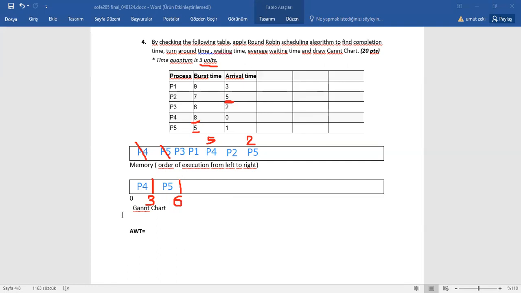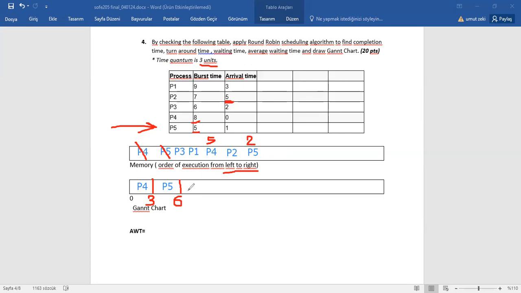Which process will be executed next? Process 3. Yes, process 3, because all the processes are here, and this is the order of execution. I wrote from left to right, so it starts from this direction and goes to the right.